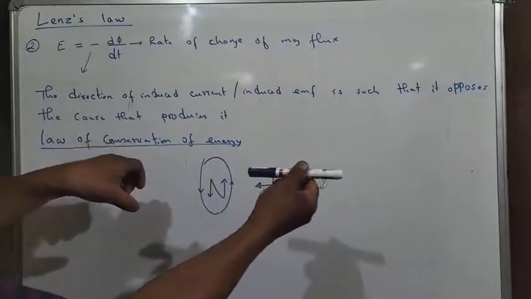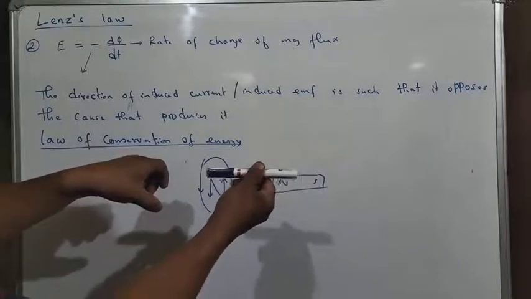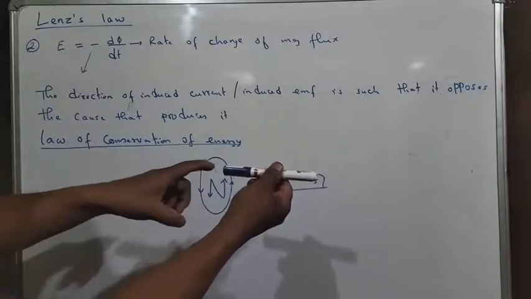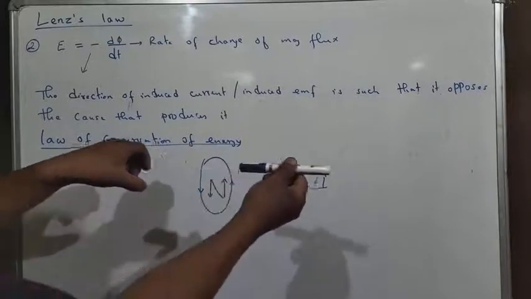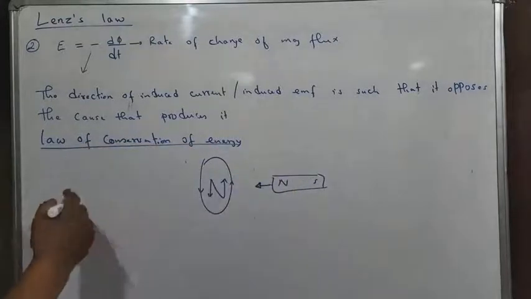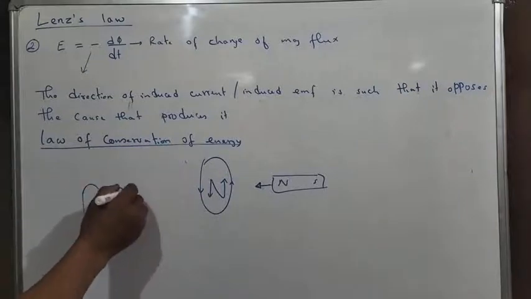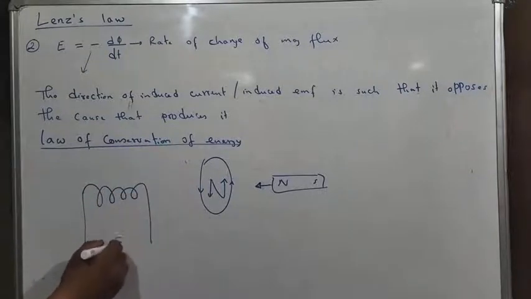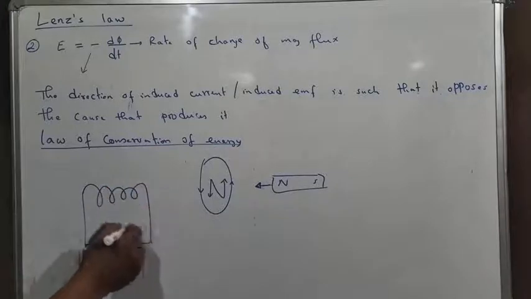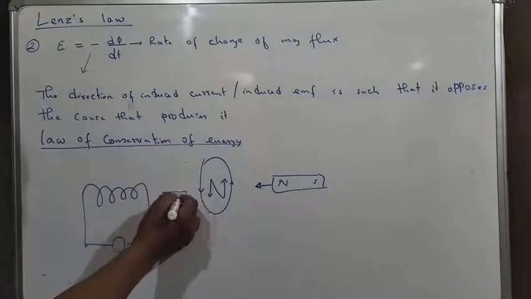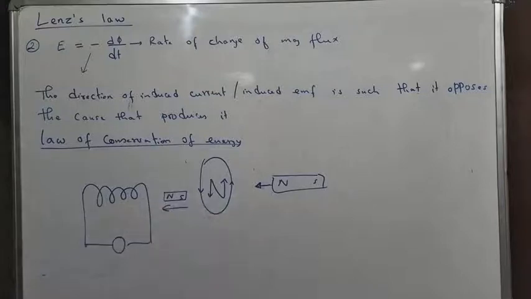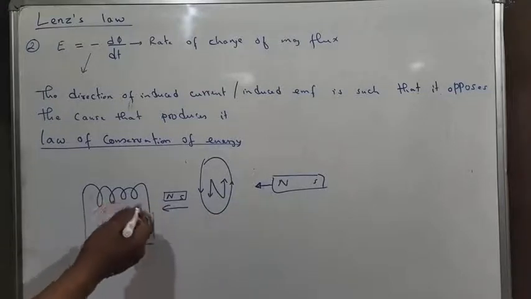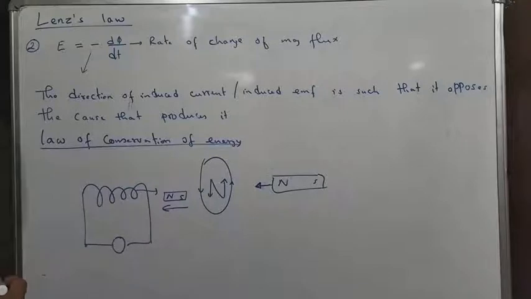So the mechanical energy which I spend to move my magnet with its North Pole towards the coil will be transformed into what? Into electrical energy. If you move the magnet, you are doing mechanical work against the opposition by the coil.